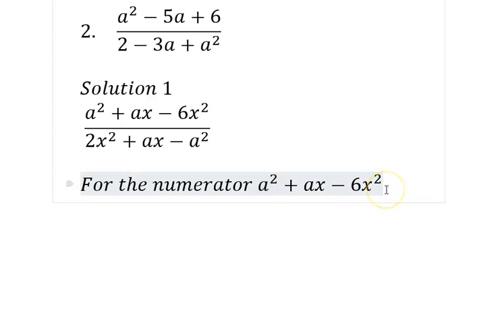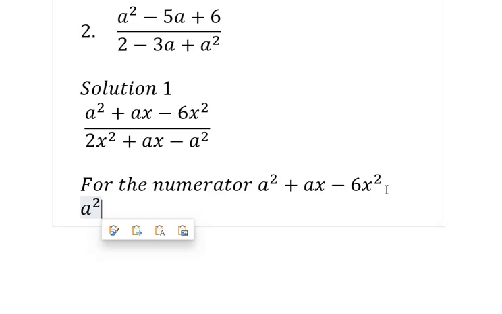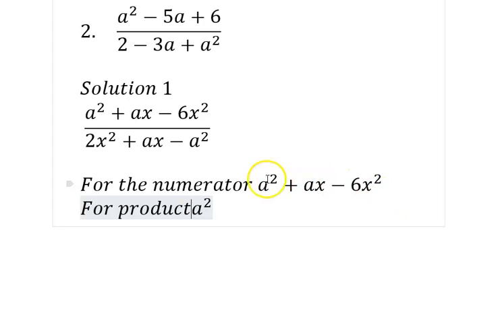Now we'll split it out so that we can factorize very easily. Anything we are able to iron out here, that's what we put up here. So we'll do the same thing for the denominator. Anything we're able to iron out, that's what we'll put down there.